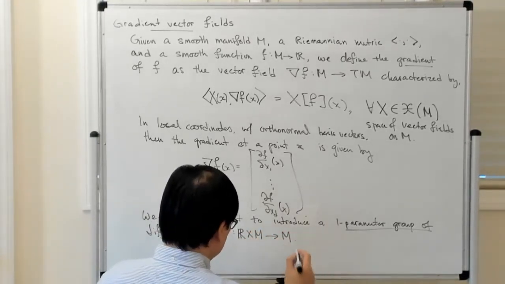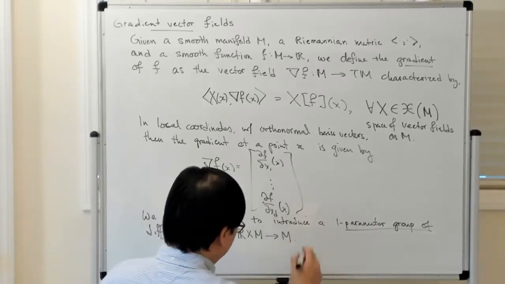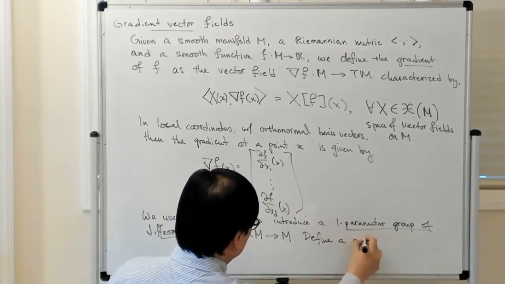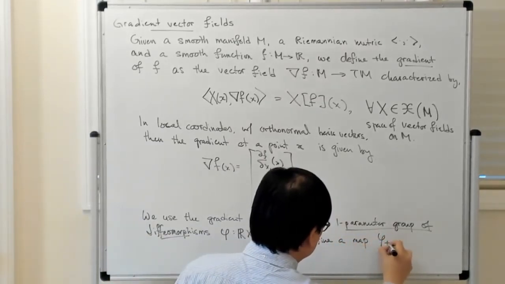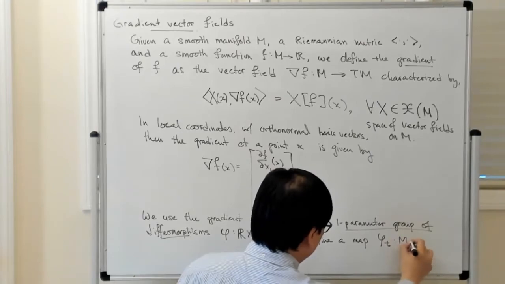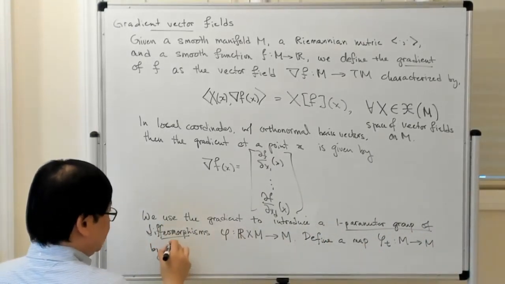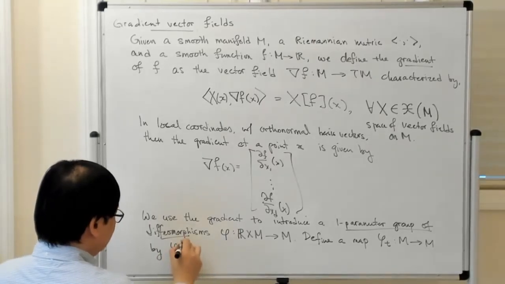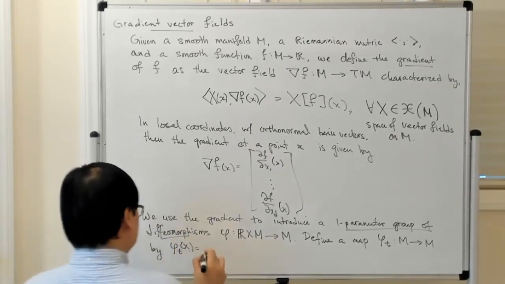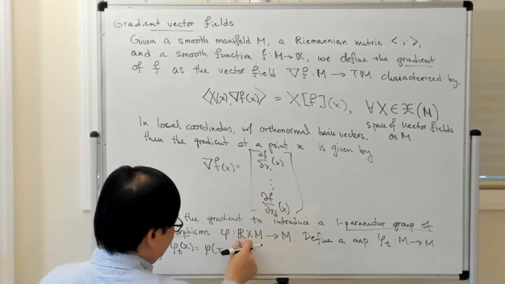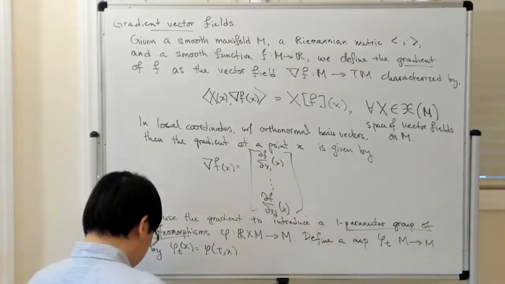And then we can define a map phi sub t, which is a map from M to M, by sort of the obvious thing. Phi sub t of the point x is defined to be phi of t, x. So it's more or less just taking this parameter and putting it in a subscript here.